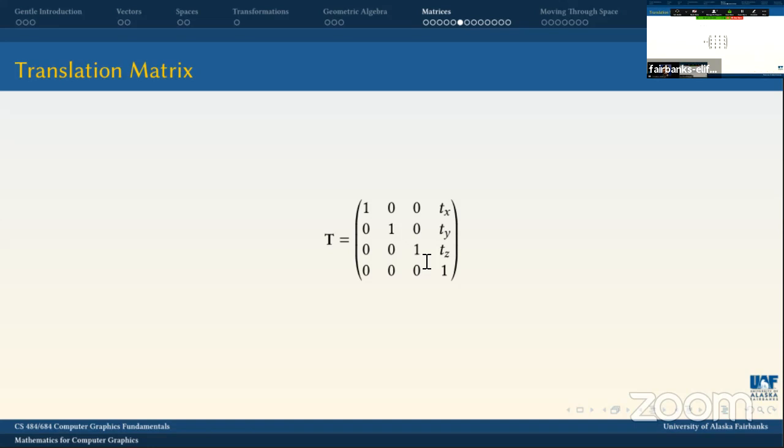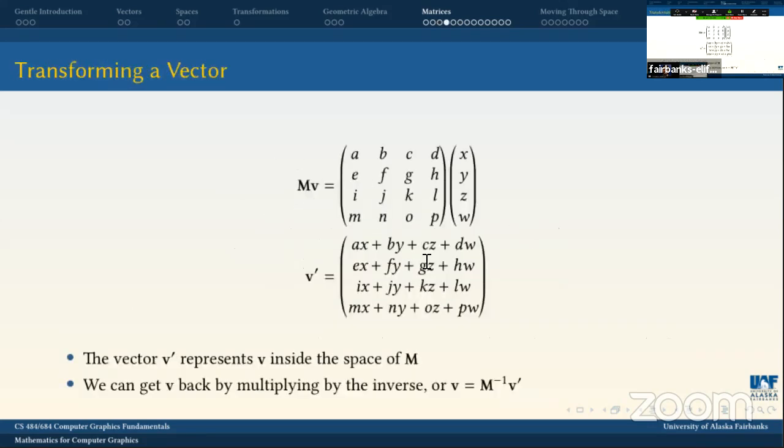And one of the things you might be considering is, why don't we just add this directly to the point? If we look back here, we have 16 multiplies and 12 adds. So why are we doing all this work for just moving a point around?